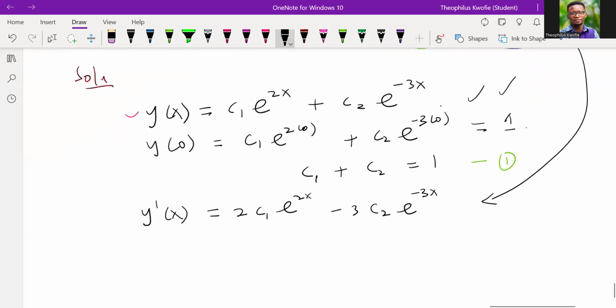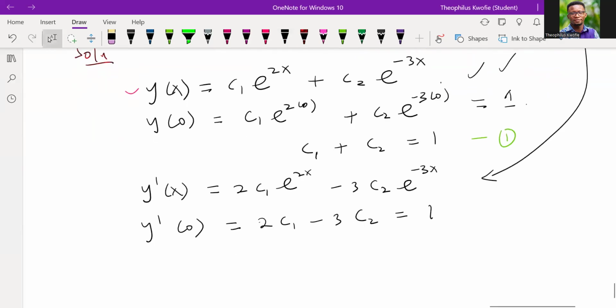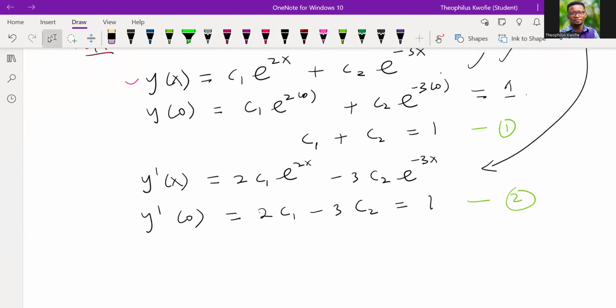So my y prime of 0, wherever I see x replaced by 0, you should have 2c1 minus 3c2 being equal to 1. This now becomes equation 2. Now we solve equation 1 and equation 2 simultaneously.